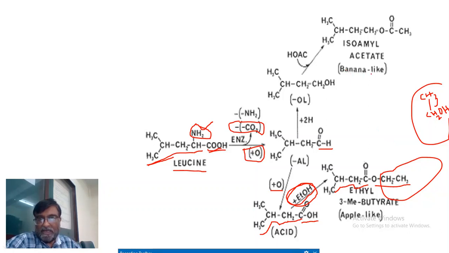When we talk about the banana-like flavor, we again start with the leucine. The whole structure and the reaction up to this point will be the same.